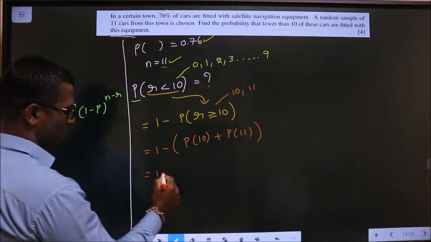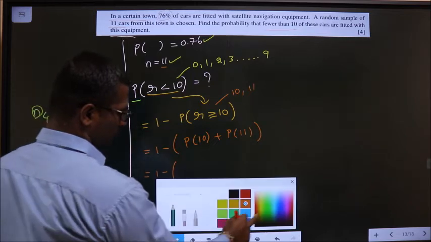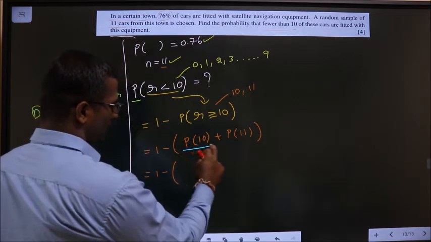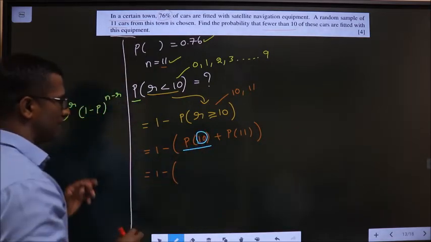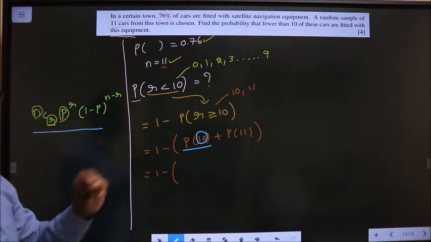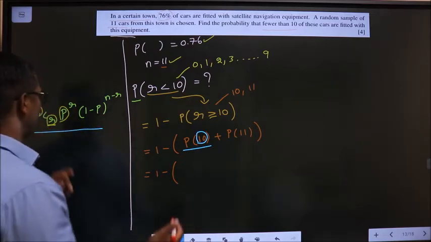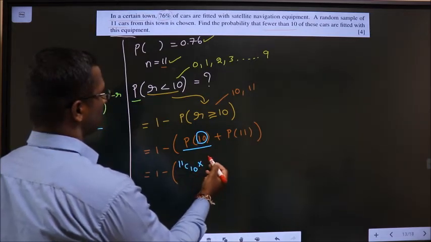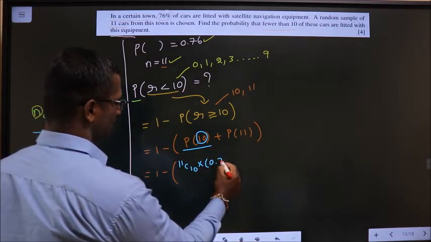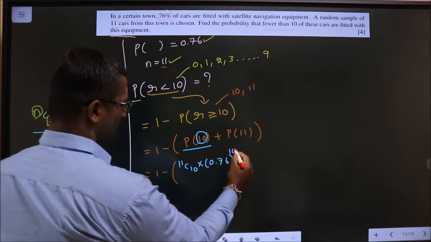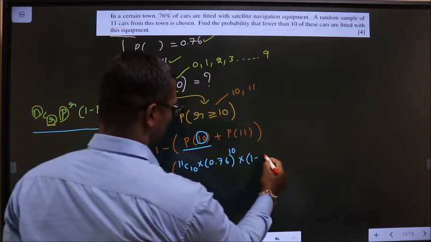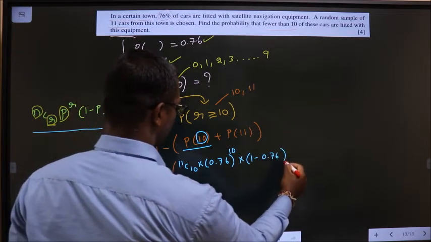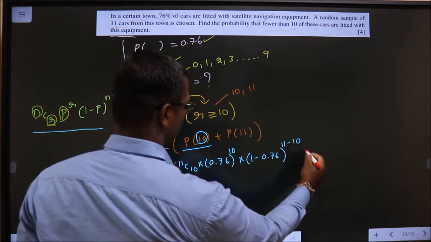When r is 10, replace it in this formula. So what do we get? 11C10 into 0.76 power 10 into (1 minus 0.76) power (11 minus 10).